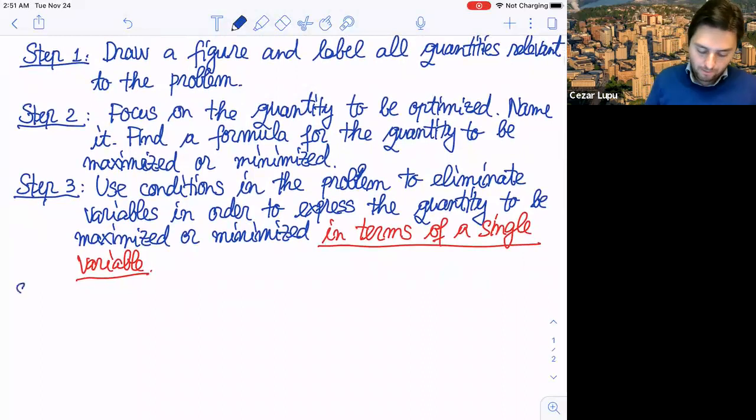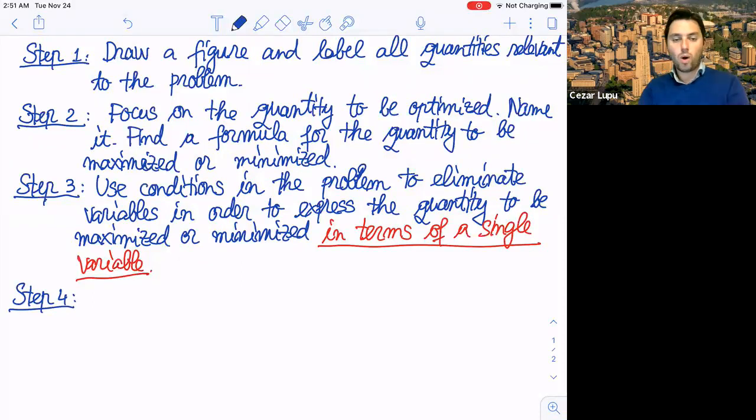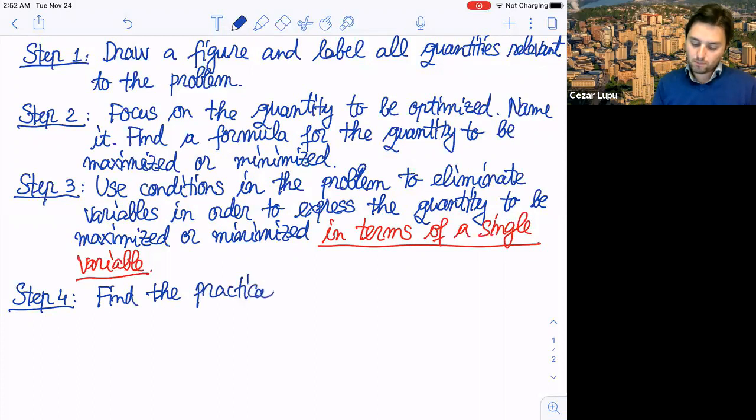Now step 4. Once we get rid of all those variables and we have only one variable, we would like to find the practical domain for the variables in step 3.